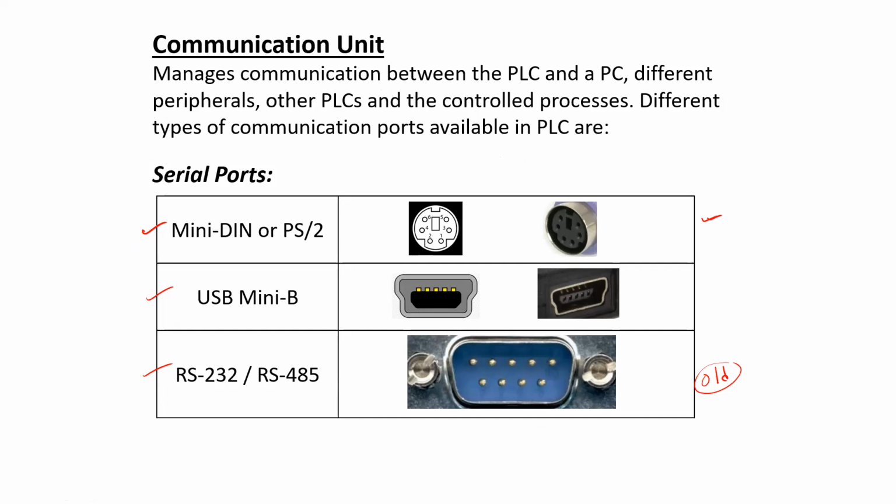Whether they are for serial communication or parallel communication, I am not sure about that. But the VGA port, the HDMI port, those are different configurations. So some of the common ports which are available in the PLC, that I tried to highlight over here. Okay, sir.